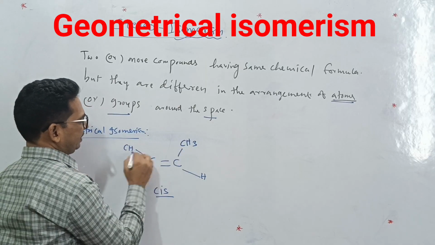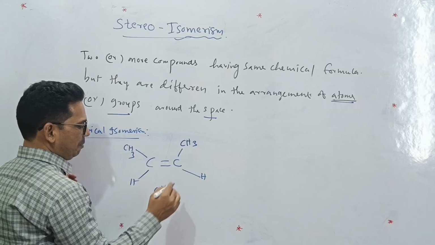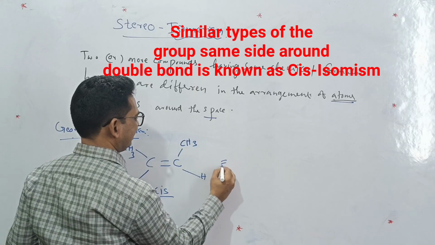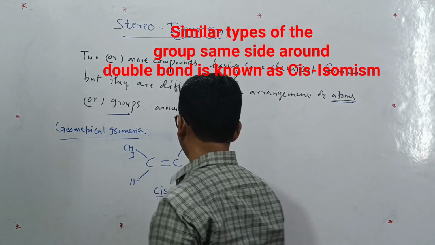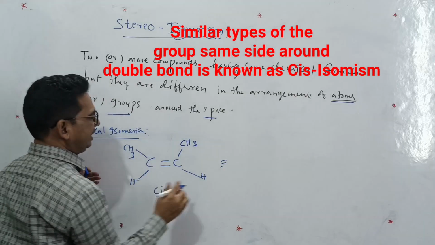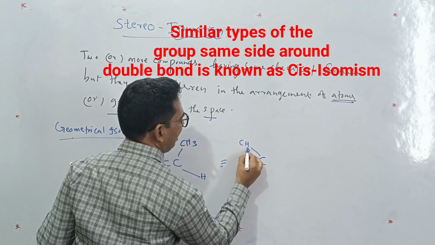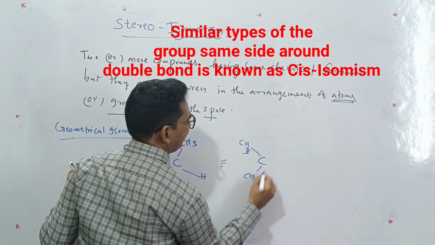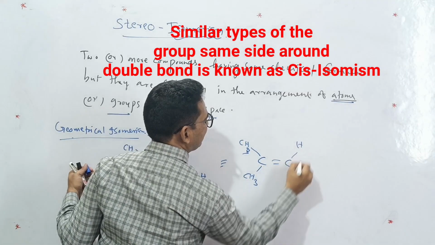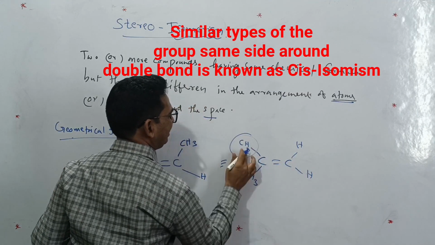The same groups, see methyl, methyl, but don't write like this. For the same compounds, sometimes students write CH3 double bond H and H on one carbon only, like this.